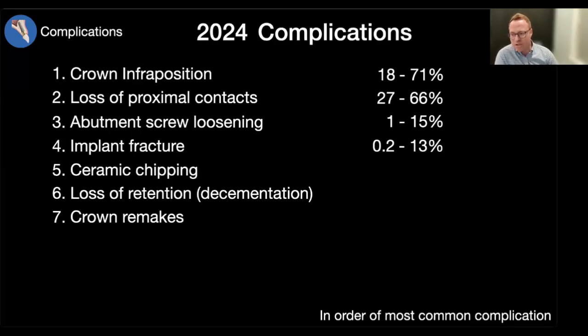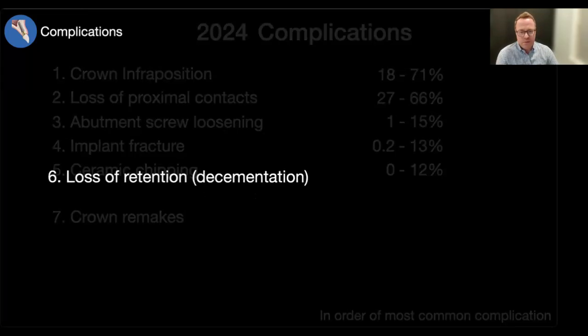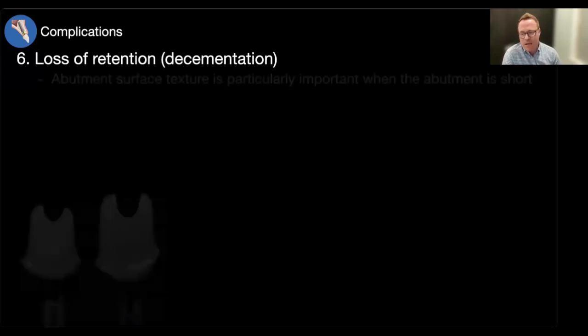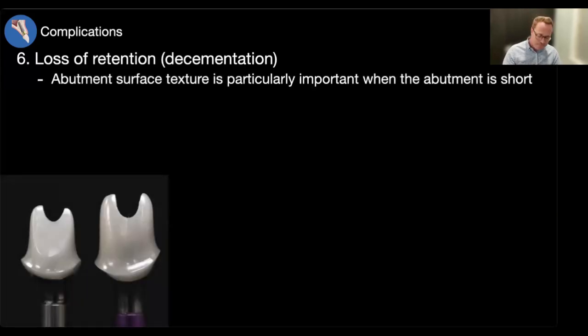Loss of retention and decementation is something that we do see if you cement. I personally don't cement very many implant crowns. I like the retrievability of having a screw access hole. But if you do cement a crown, the key takeaway here is to make sure that an abutment that you're going to cement a crown on looks like a retentive tooth preparation.